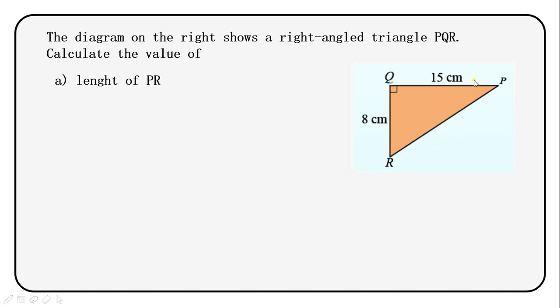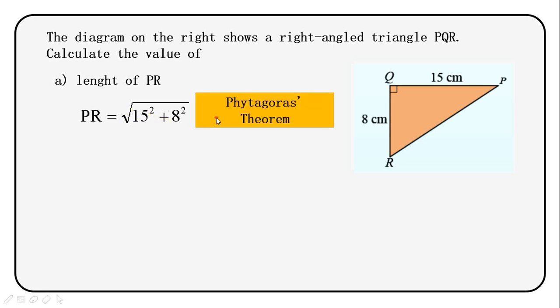So this is a right angle triangle, so we can use Pythagoras theorem to calculate the length of PR. So PR equals the square root of 15 squared plus 8 squared. This is Pythagoras theorem. So this equals the square root of 289 equals 17 cm. So PR equals 17 cm.